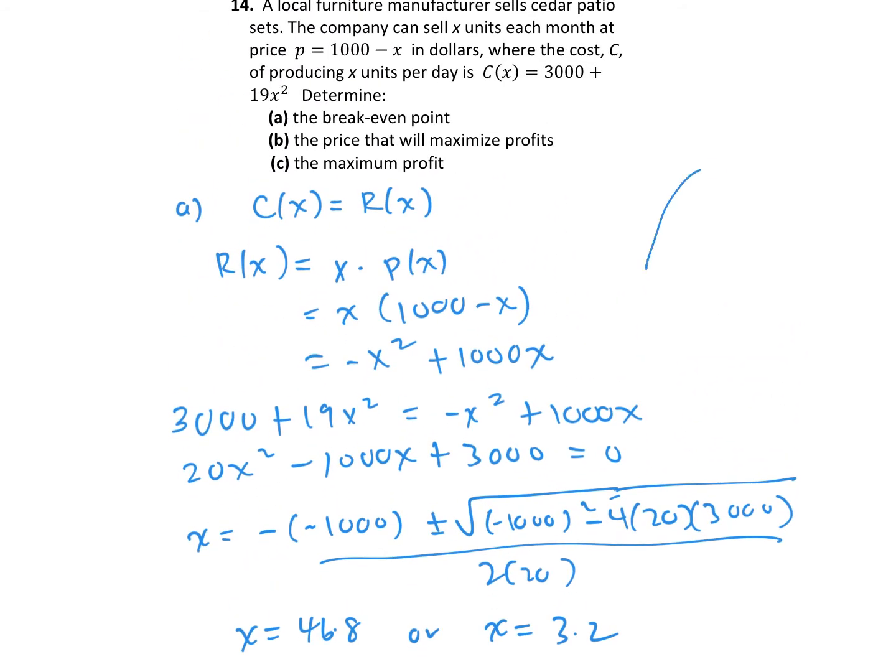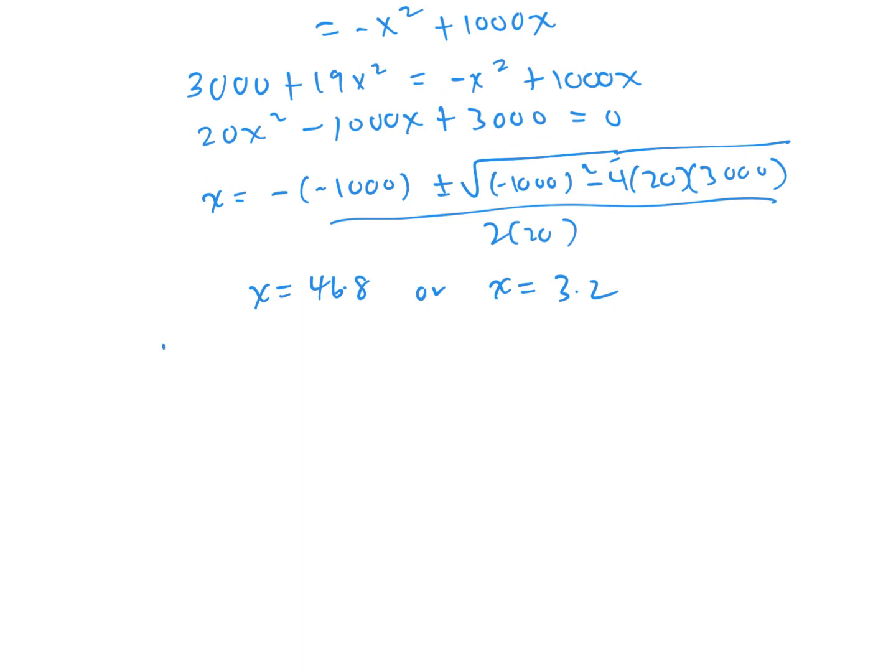Because remember, you're going to have some sort of quadratic function here. Okay, so now we want the price that will maximize profits. So our profit equation is revenue minus cost.